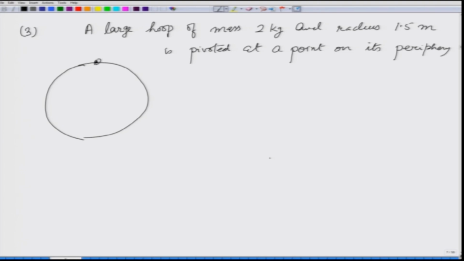So, this point is shown here, and this is a hoop. So, it is like a ring. All the mass is concentrated only on the perimeter, on the circumference.